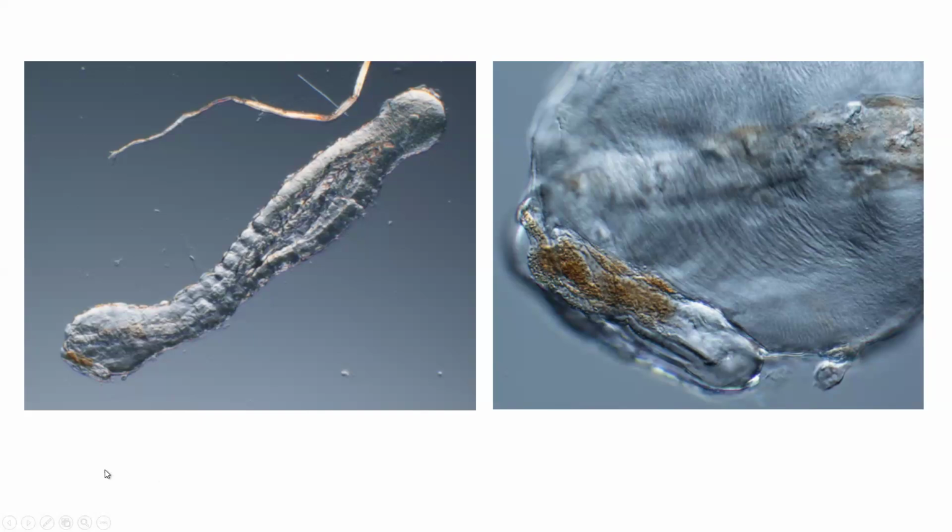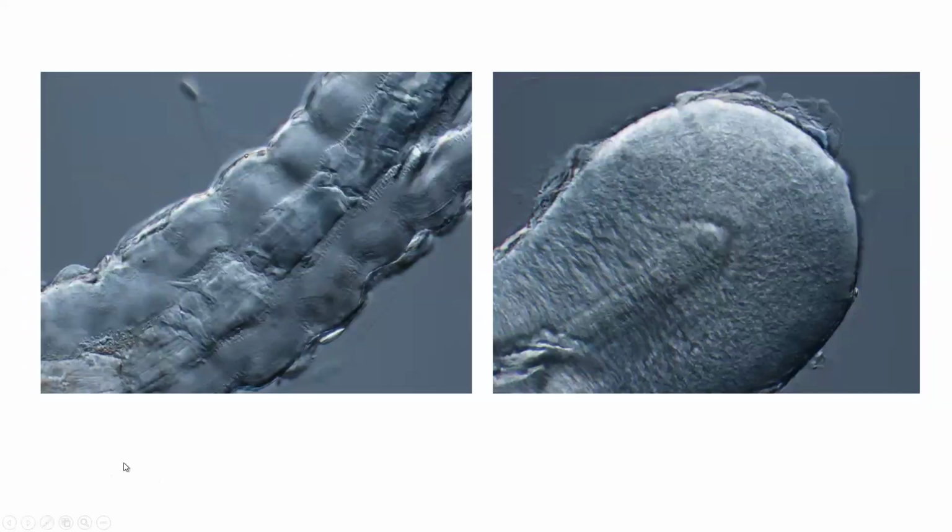And so some of the important structures were missing, but we could deduce what should have been there. These are some more of our photos showing the segmentation, well-developed gut, and there's the rear end of the worm.